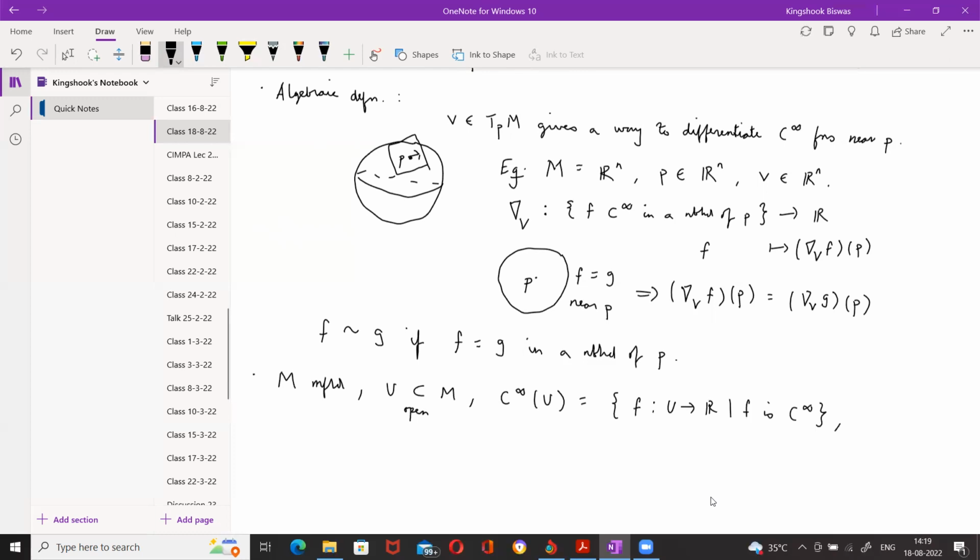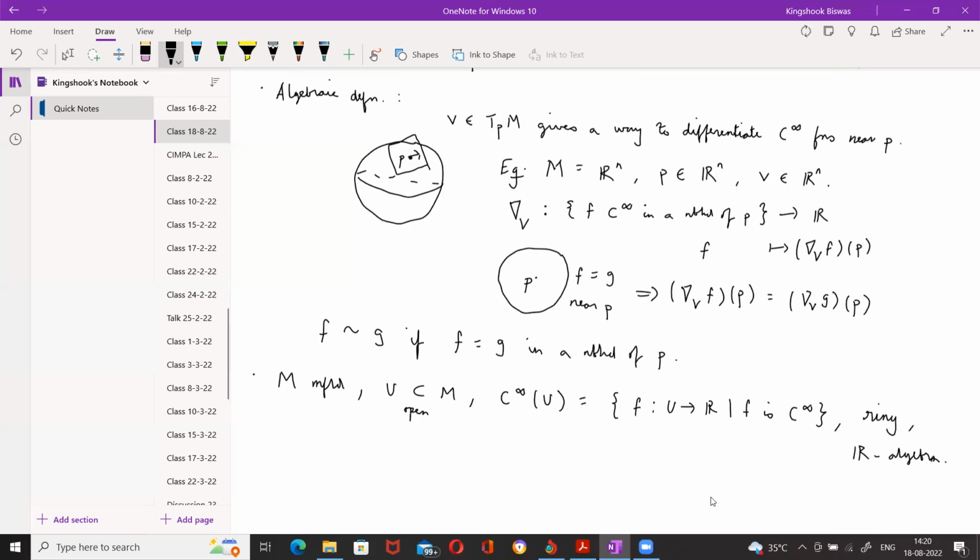This is a ring because the sum and product of smooth functions is easily seen to be smooth. And not just a ring, it's also a vector space over R, and the scalar multiplication commutes with the ring multiplication. So actually, this is what's called an R-algebra, a commutative R-algebra.